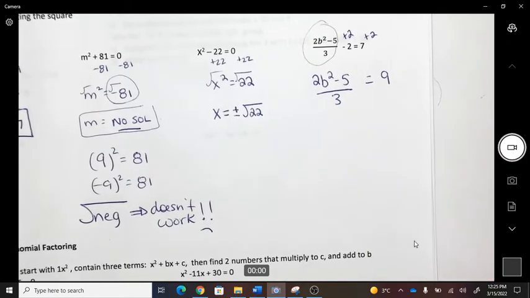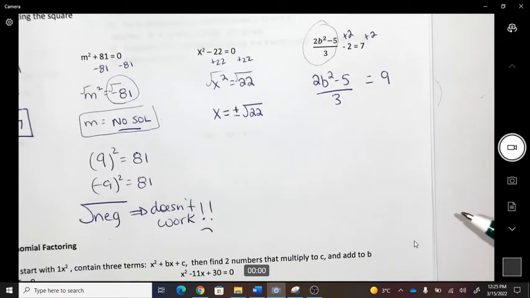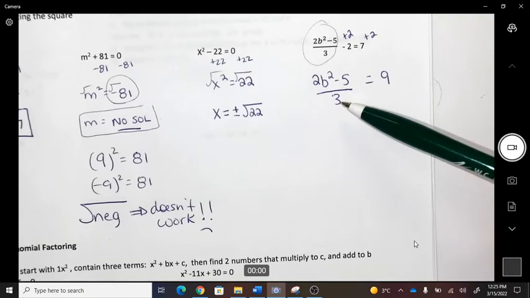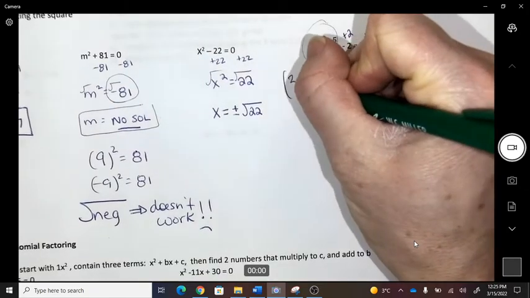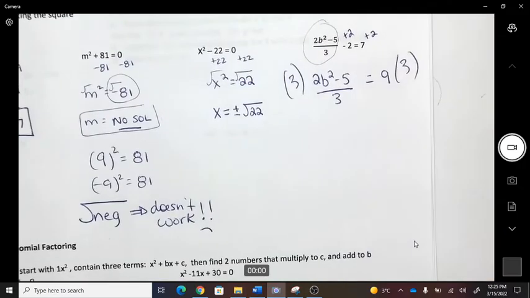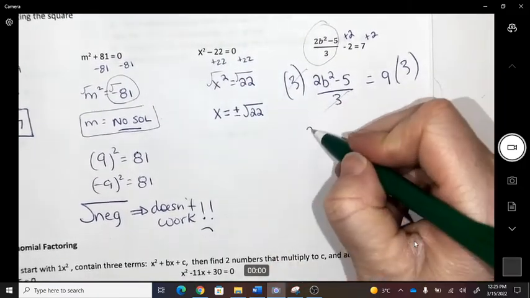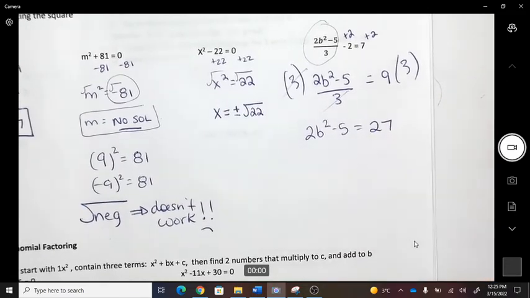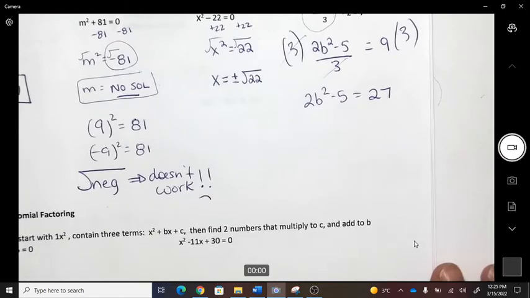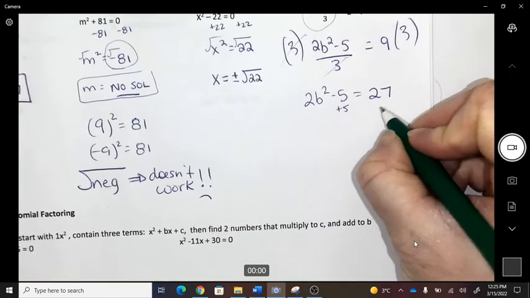Okay, so that's done. Now which one should I get rid of? I think now the 3 would go, right? So I'm going to times by 3 to get rid of the divide by 3. Okay, now I'll do the 5, right? Is that the one you picked?